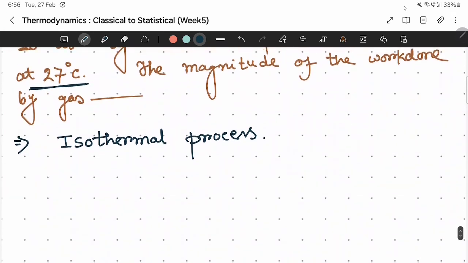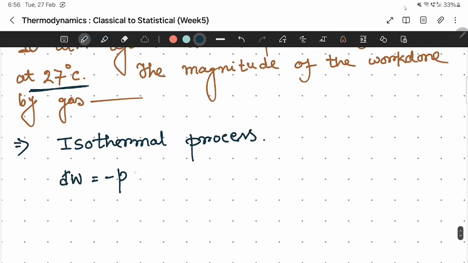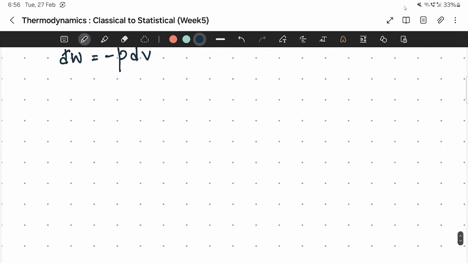For an isothermal process, we know the formula. So what will be the work W? That is minus of PdV.